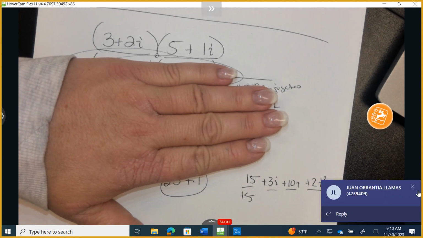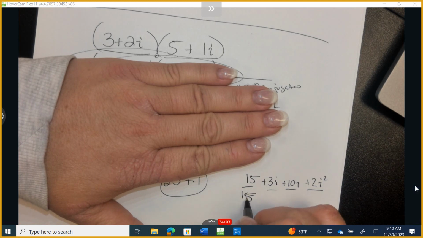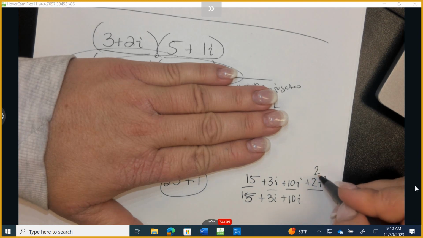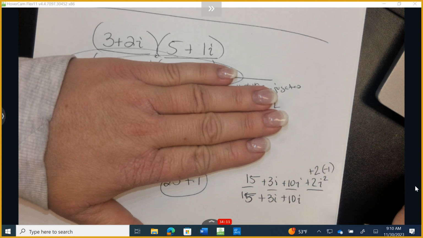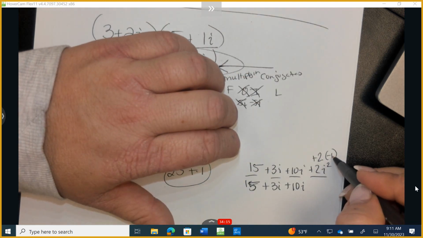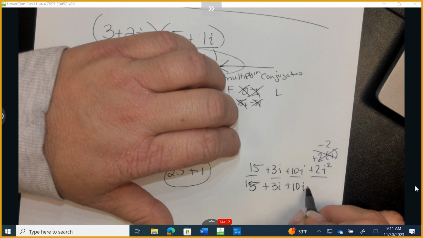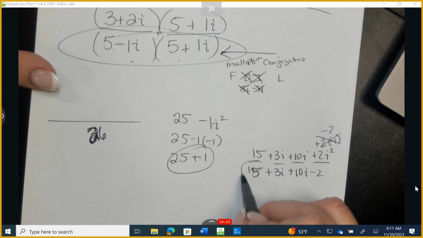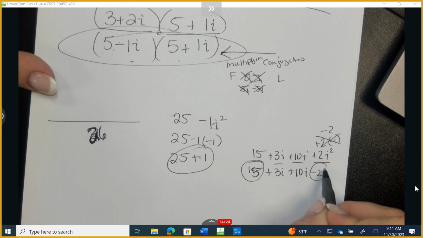So I have 15 plus 3i plus 10i. And oh, I got to go over here and do the math. I know that i squared is equivalent to negative 1. And 2 times negative 1 is the same as negative 2. So let's go ahead and let's combine here. 15 is like terms with negative 2.